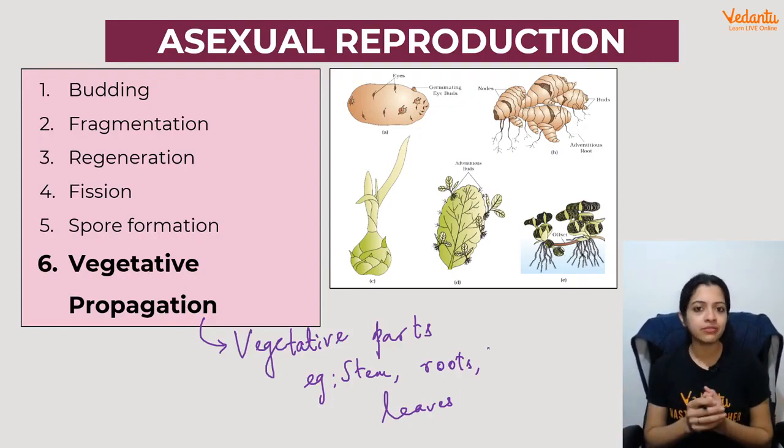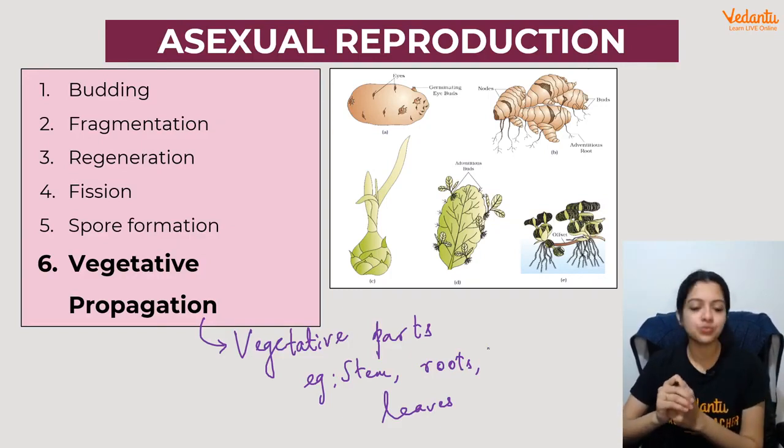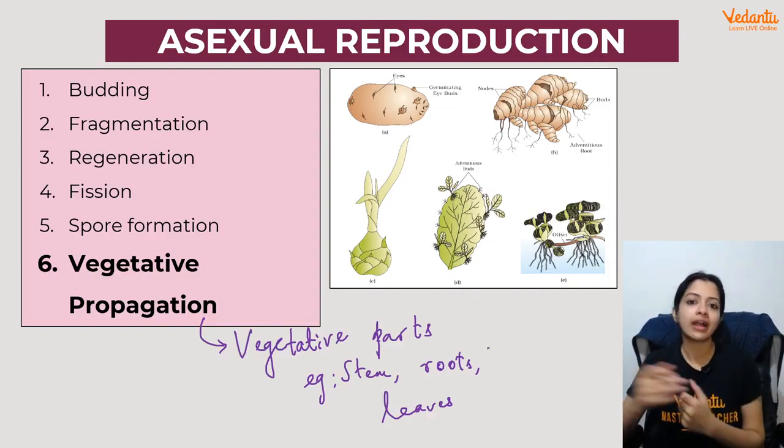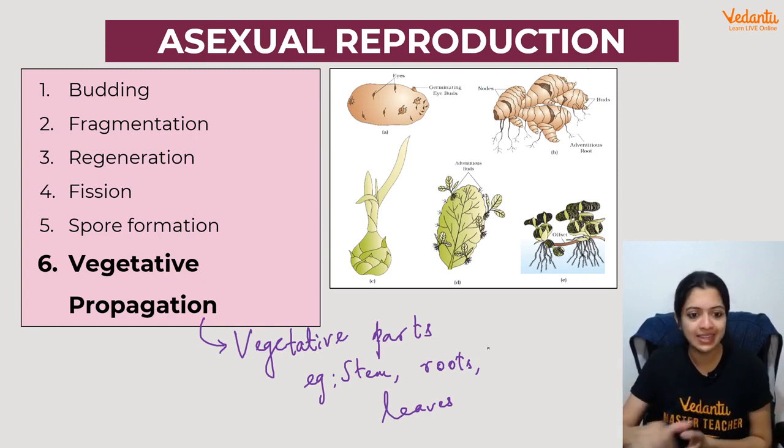They have their own independent functions. But in this method of reproduction, these parts can give rise to new individuals. This is what vegetative propagation would mean. It can occur either naturally or artificially. Artificial would be like grafting, cutting, layering, and all of those techniques.